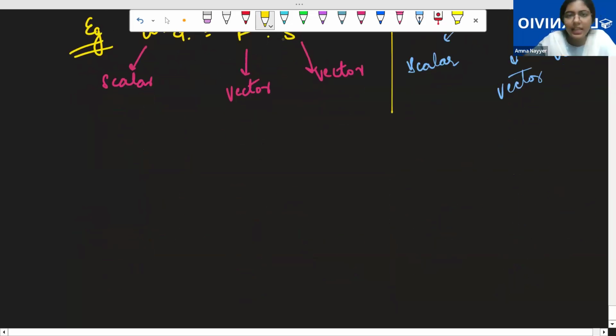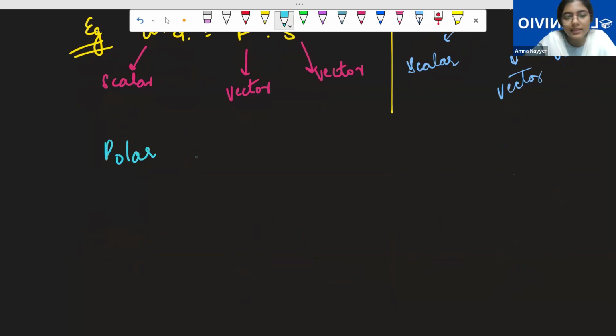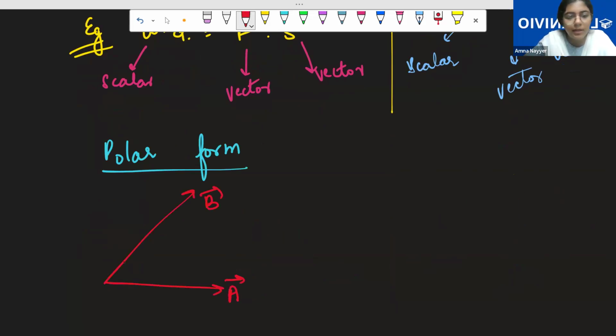Now how to use it? Very simple. In polar form, I'll tell you, then I'll discuss it in the Cartesian form. In polar form, two vectors are there. Let's say this is vector A and this is vector B making an angle theta.